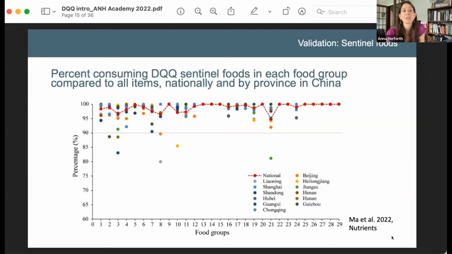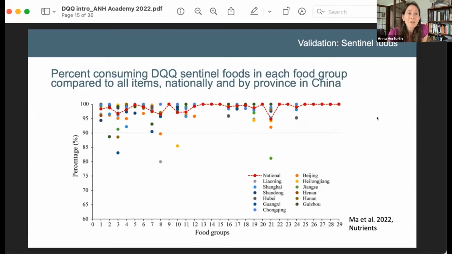We determined this by analyzing nationally representative dietary intake data, like 24-hour recall data of what people actually ate. And we do find that nationally, each question captures more than 95% of people who consumed the food group in each different food group.